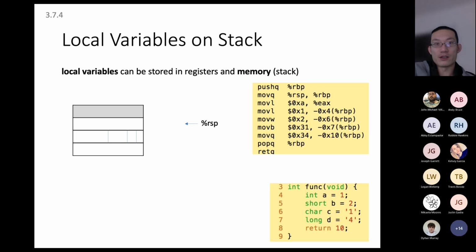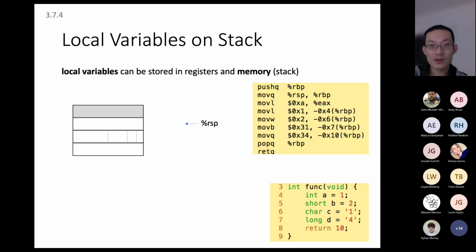Let's first look at local variables on the stack. In the previous case, we generalized the stack as a medium for the caller and callee to be on the same page.